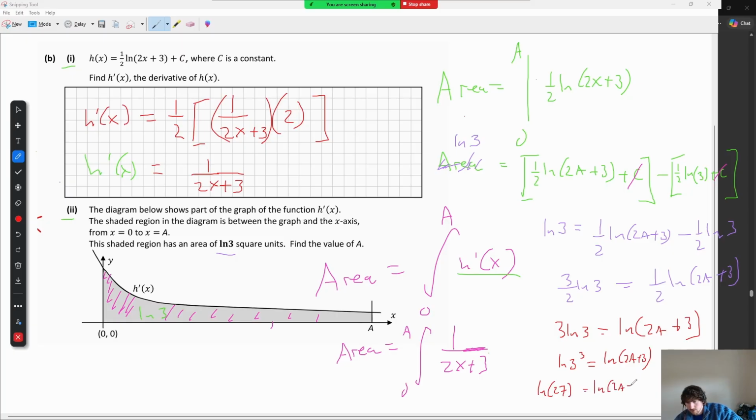Ln 2A plus 3. Now let's study this. That's ln something. This is ln something. Because there's an equal sign there, the insides have to be the same. So you can then separately write that 27 must be the same as 2A plus 3. So bring the 3 over. You get 24 equals 2A. And then A is 12. Really smart question that year.